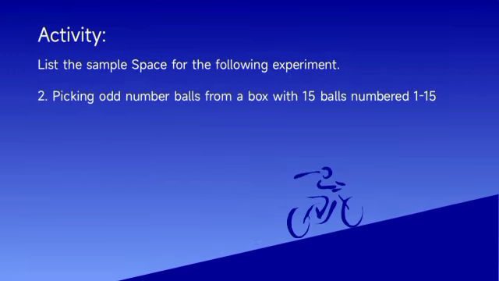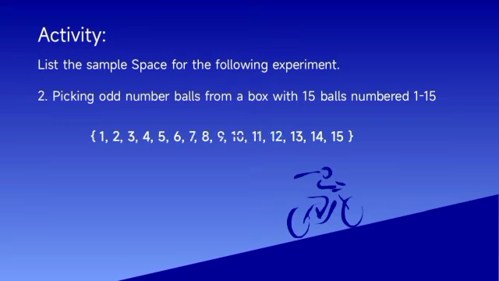Okay, another one. Number 2. Picking odd number balls from a box with 15 balls numbered 1 to 15. In number 2, we are required to pick the odd number balls. And since there are only balls 1 to 15 inside the box, the sample space is 1, 2, 3, 4, 5, 6, 7, 8, 9, 10 up to 15.